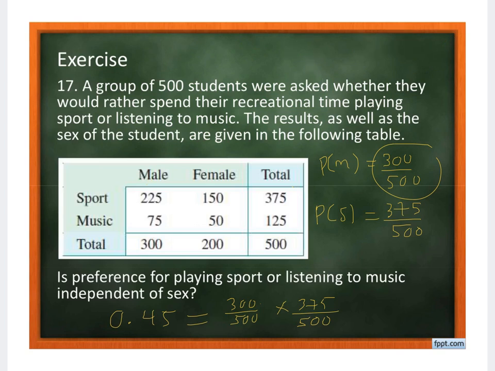This one times this one is 0.45. So it means this is an independent event, because the condition is correct: probability of male intersect with sport equals probability of male multiplied by probability of sport.